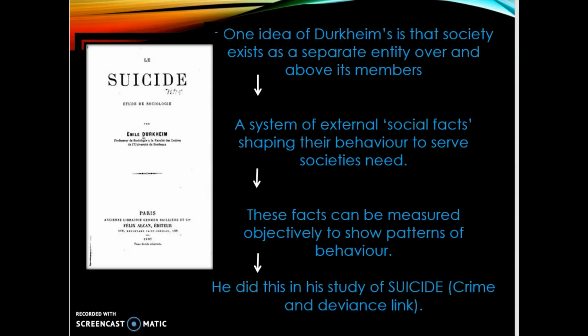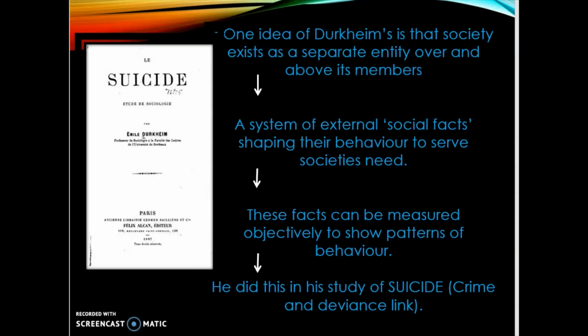This was a very influential study because he used it to prove that things in society can be measured, and something like an individual act like suicide, he noticed that there were actually patterns to it, that the rates were different in different countries, but they were consistent, and these patterns were very similar year on year.